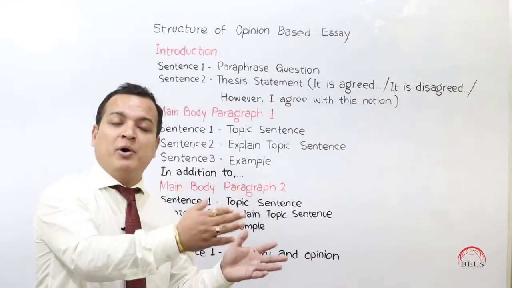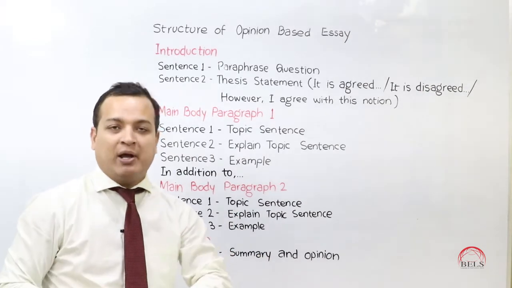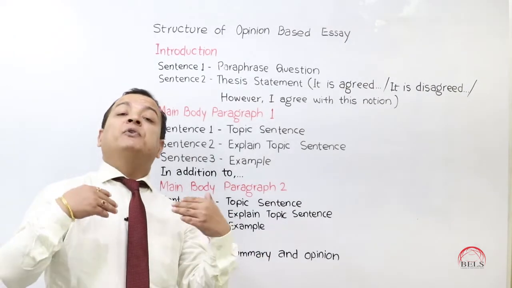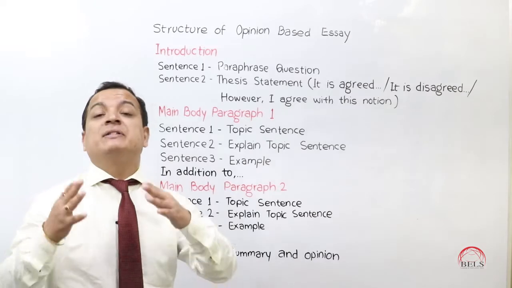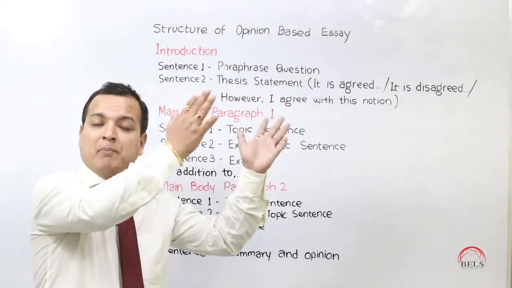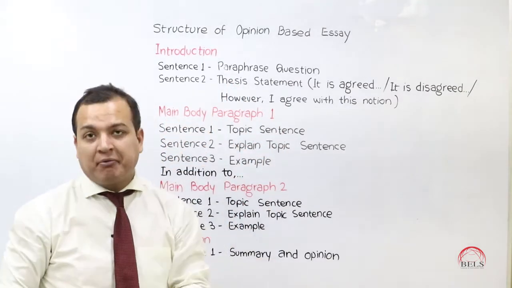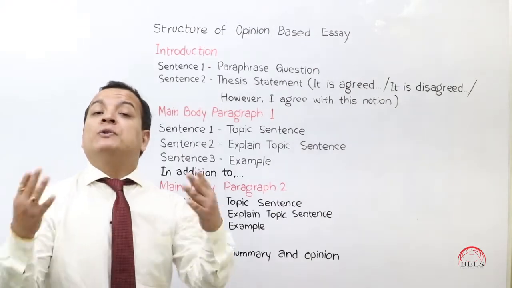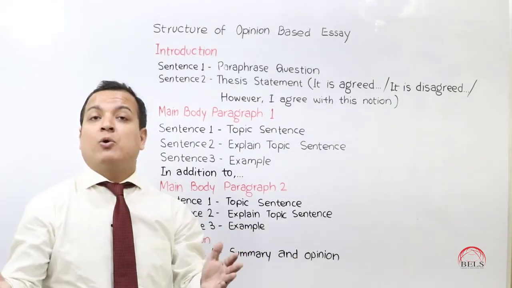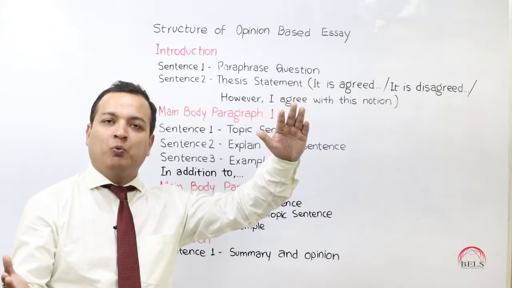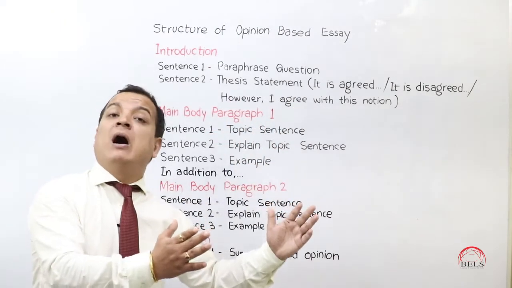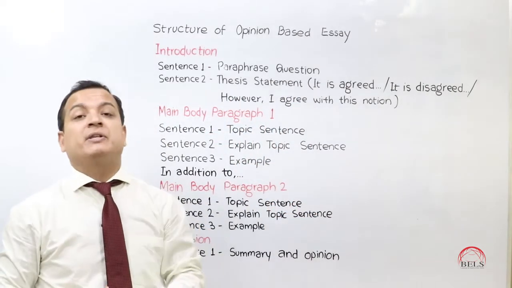Why you agree, first point, second point, you can go ahead like this. And if you say I disagree with this notion, the complete body paragraph will be the disagree part. And you can also go for both side view, partial accord. So half, body paragraph 1 will be the agree part, and body para 2 will be the disagree part.